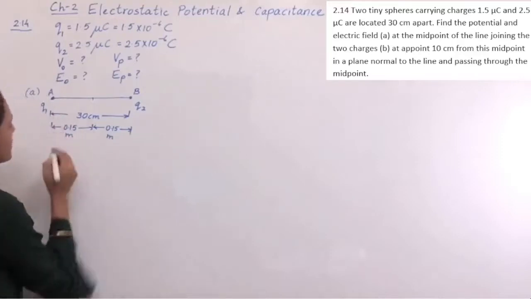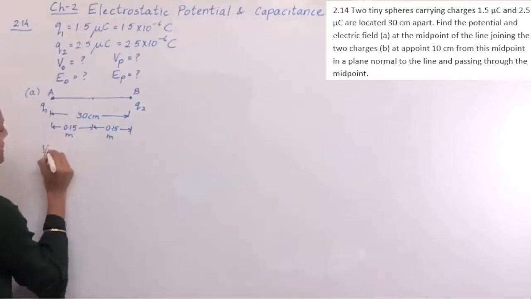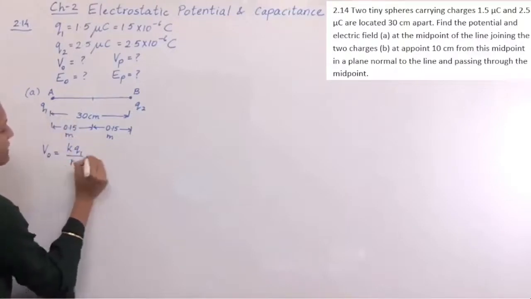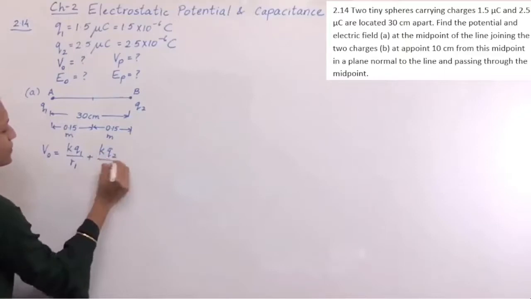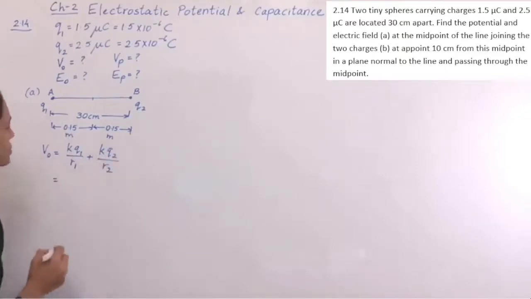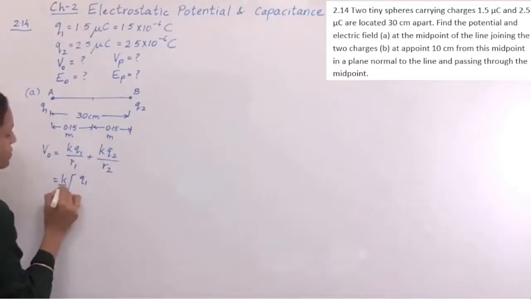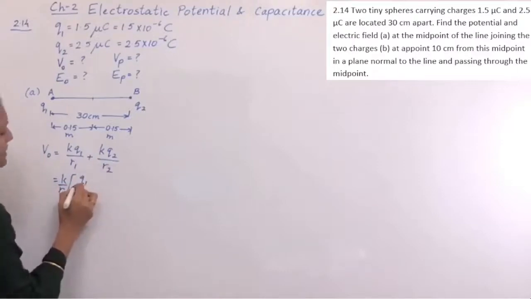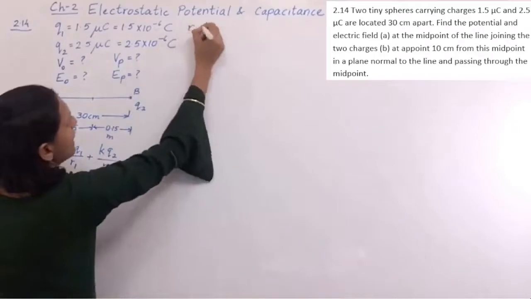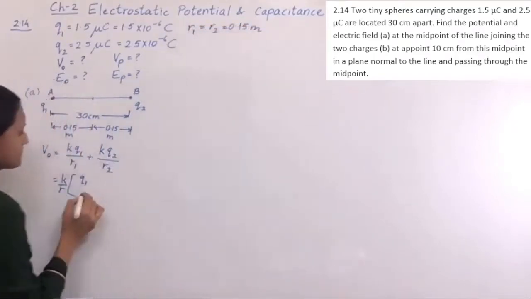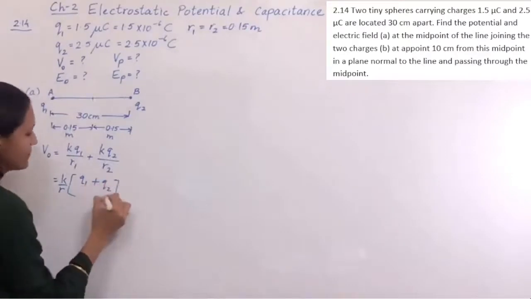Now potential V at O equals both the charges, kQ1 by R1 plus kQ2 by R2. k can be taken out as common, and R1 and R2 are also the same, so I can just write R, where R equals R1 equals R2 equals 0.15 meter, times Q1 plus Q2.